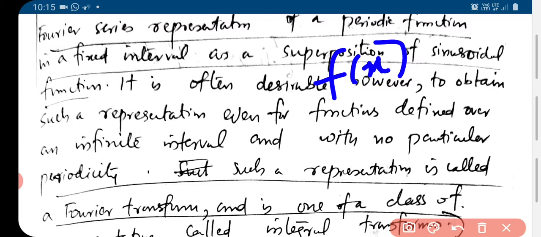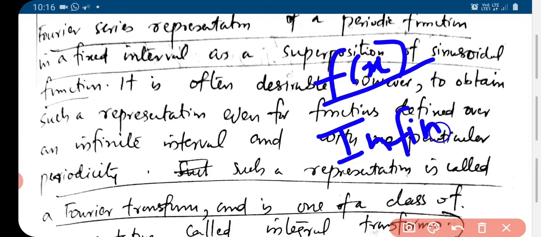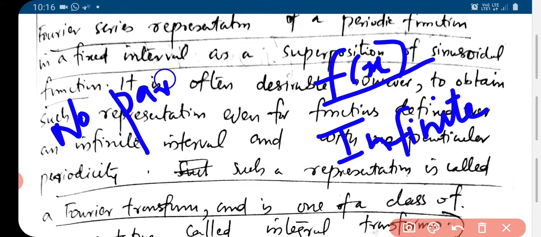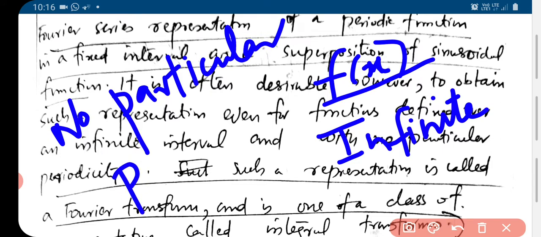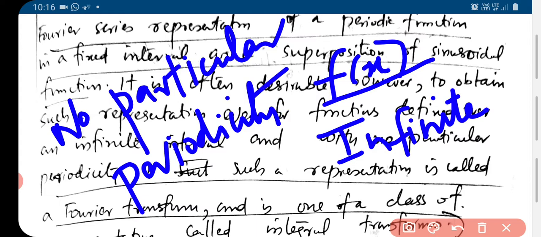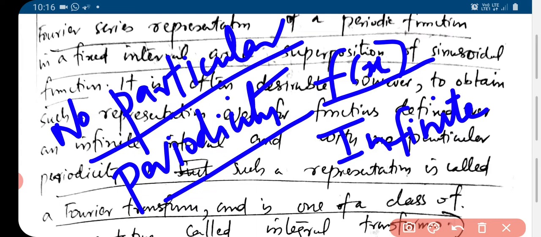We might have functions which are defined in an infinite interval, and there is no particular periodicity. The function is not at all periodic.